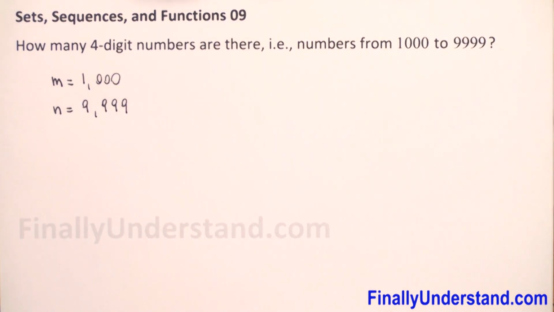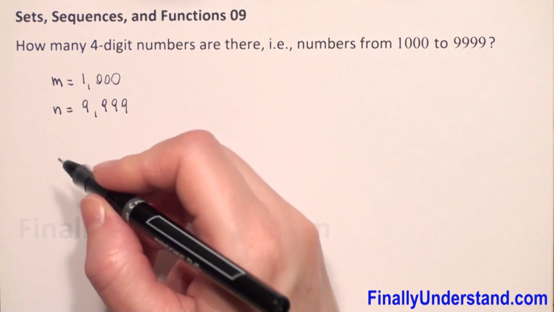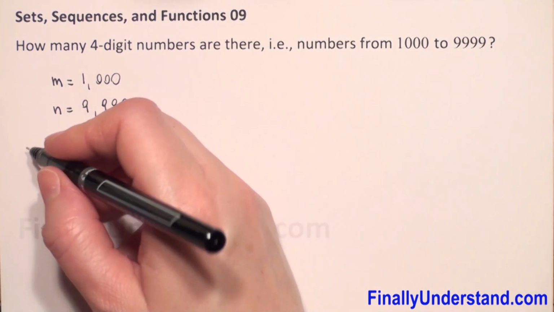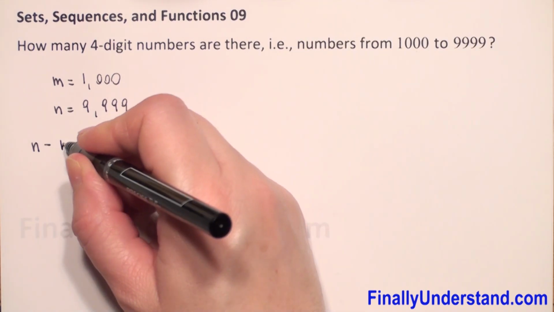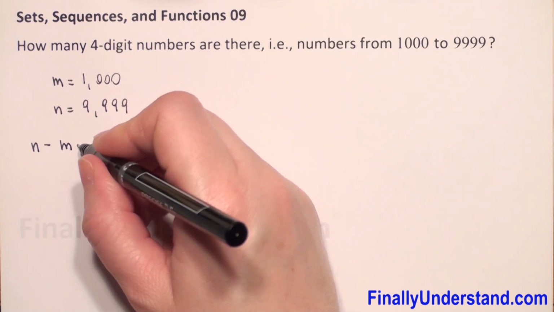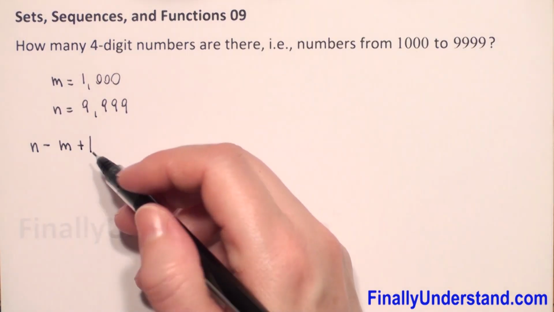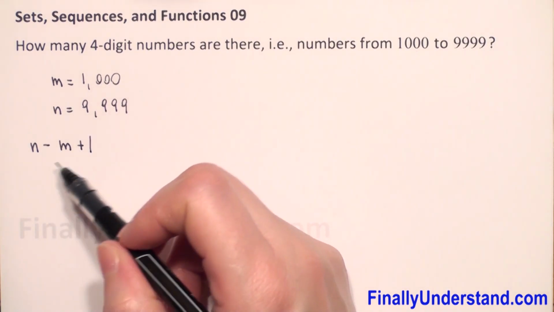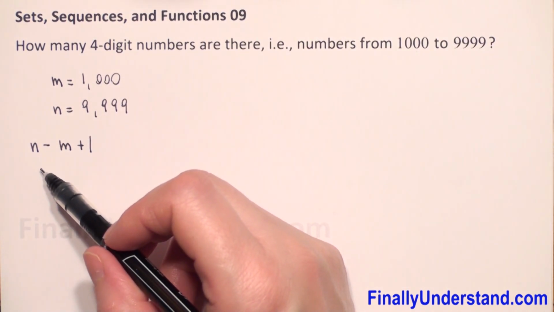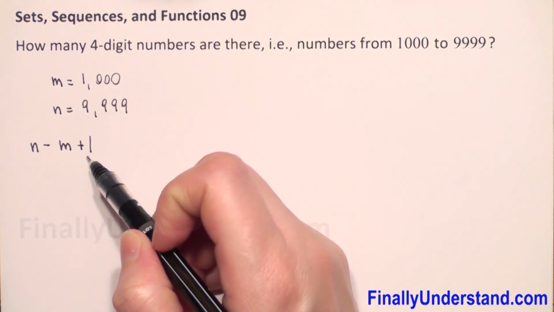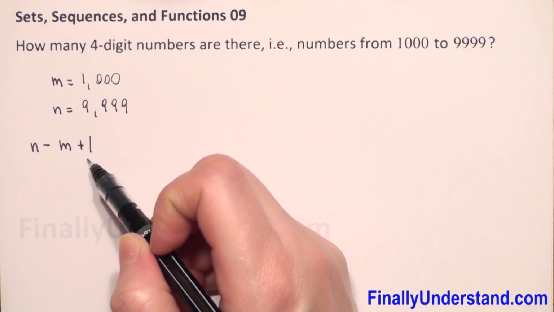Now we will use a formula: from the largest number we have to subtract the smaller number and we have to add 1. This is the formula to find how many numbers we have between n and m. We have to add 1 because we need to include both ends.